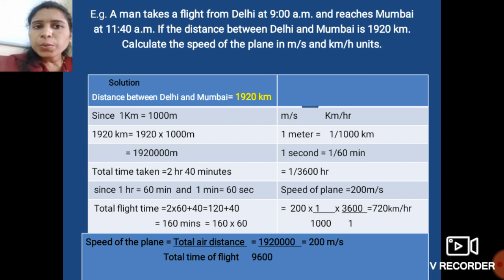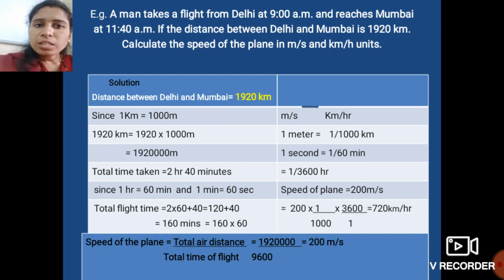From 9 a.m. to 11:40 a.m. He takes the flight at 9 a.m. and reaches at 11:40 a.m. So how much time is there from 9 a.m. to 11:40 a.m.? There are 2 hours 40 minutes. 9, 10, 11 and 40 minutes means 2 hours 40 minutes, which a man requires to reach Mumbai by flight.